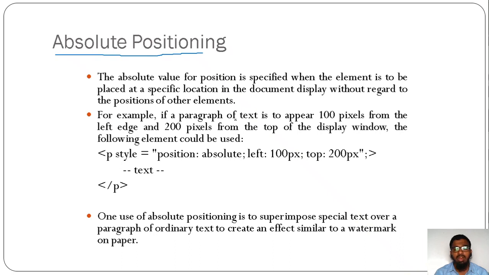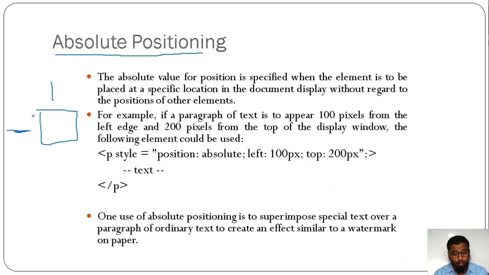For example, if a paragraph of text is to appear 100 pixels from the left edge and 200 pixels from the top of a display window, the following could be used: position absolute, left 100px, top 200px.